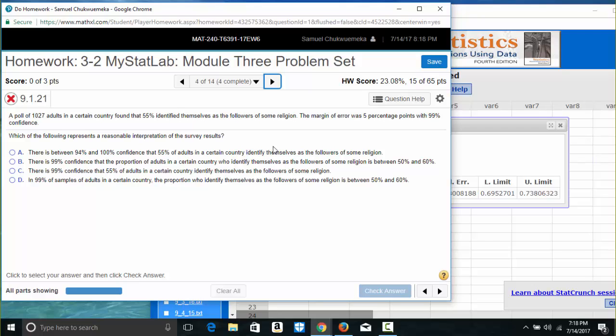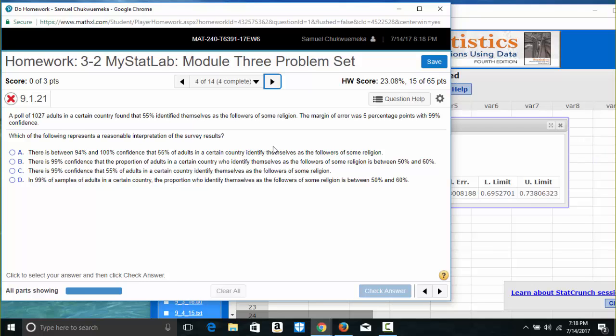So to get the lower bound, we can take the sample proportion, which here is 55%. Proportion could be in percent or fraction or decimal, although generally it is in percent. So the lower bound is going to be 55% minus 5 percentage points, the margin of error.